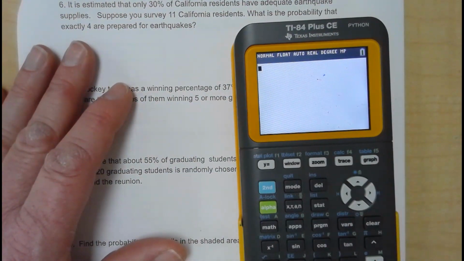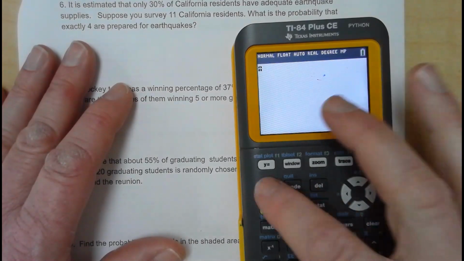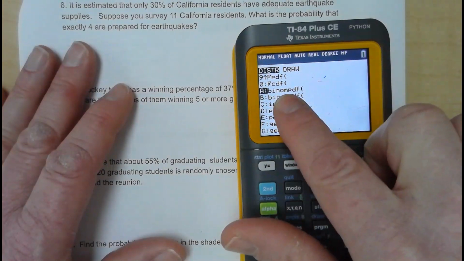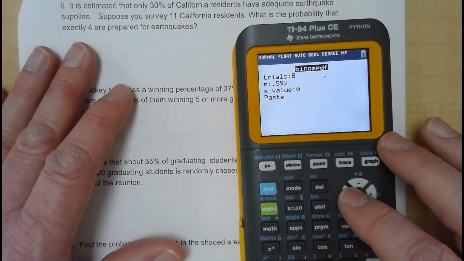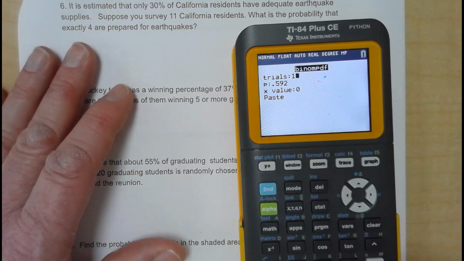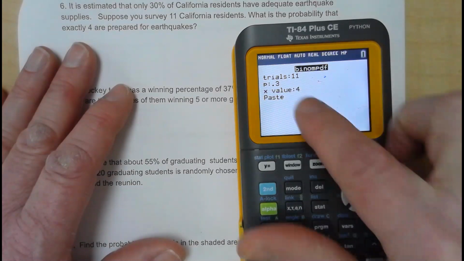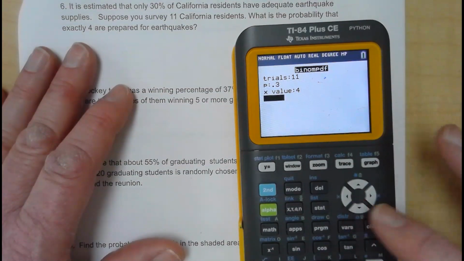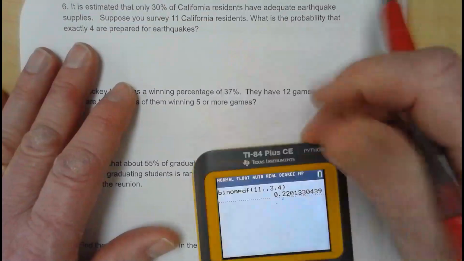So we go to second distribution, up arrow, and I'm doing the P one because I want to know exactly 4. I'm going to go out and talk to 11 people, and 30% is 0.3, and I want to find exactly 4 out of 11. Paste, enter. So 22%.